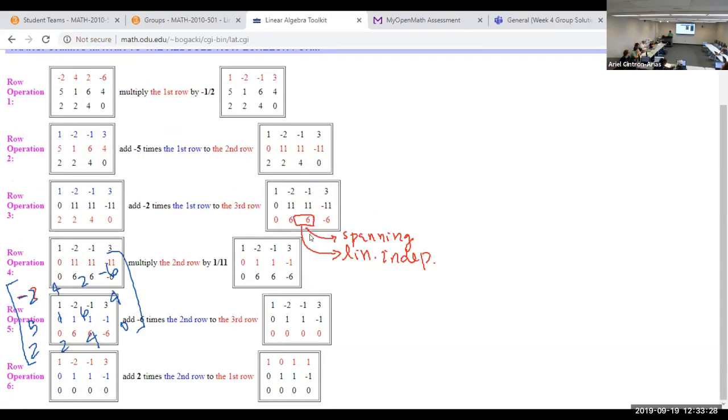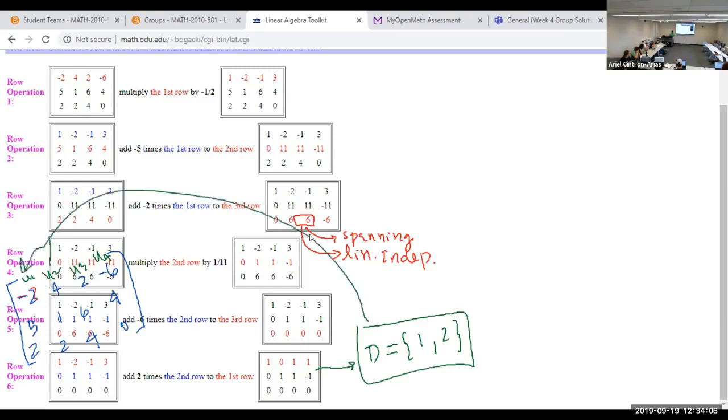So according to these calculations, based on the REF, the set D contains indices 1 and 2. If I call these column vectors U1, U2, U3, and U4, the original set had 4 column vectors, and I want to select a subset with these indices, meaning the first and the second.